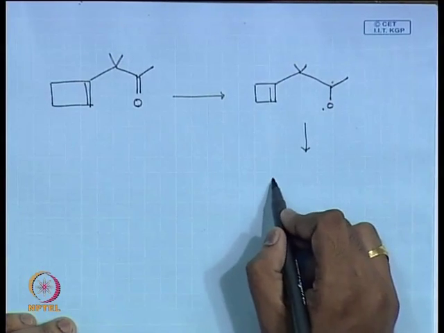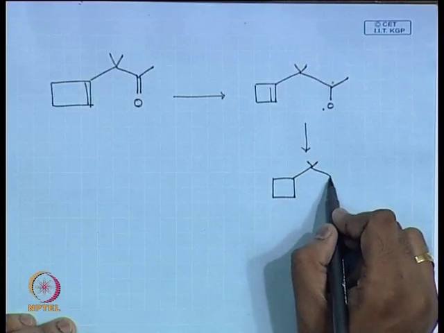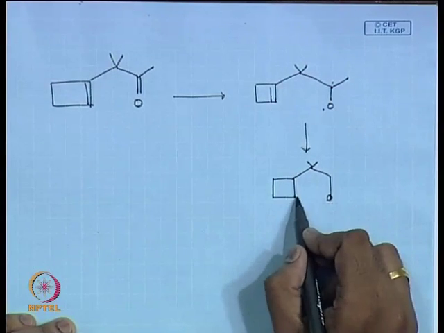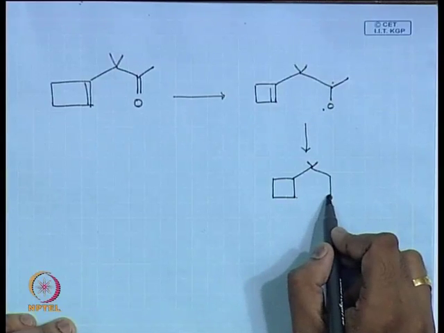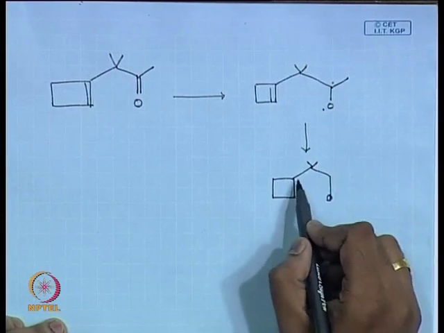Then I can do a nice cyclization across this. You have an O dot, you have a dot.